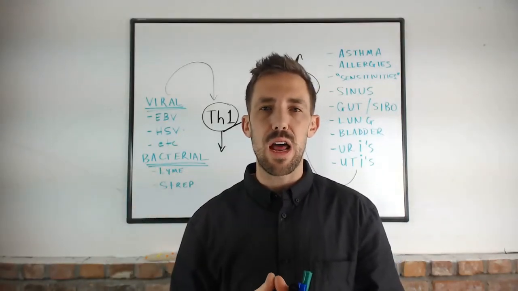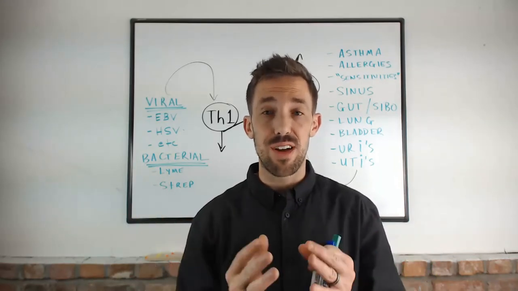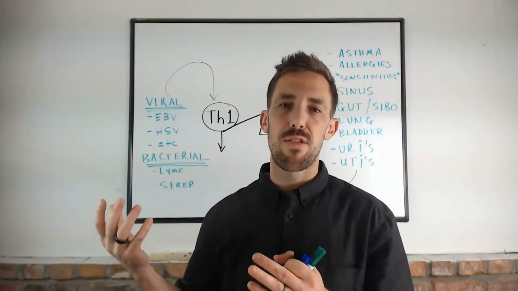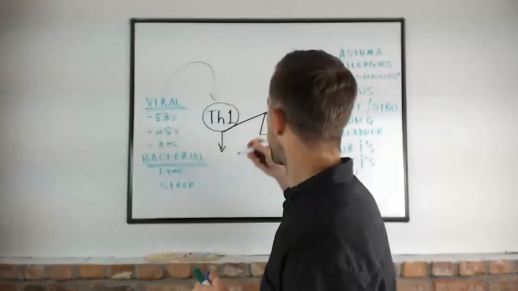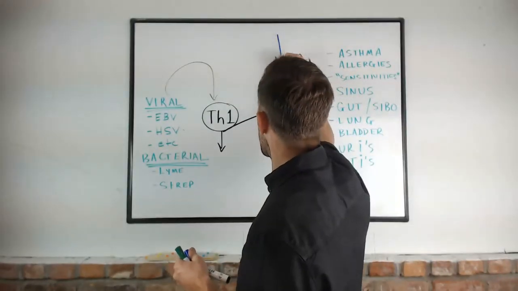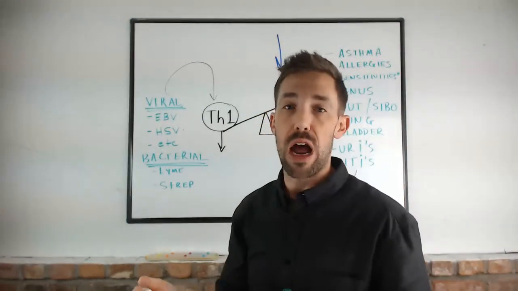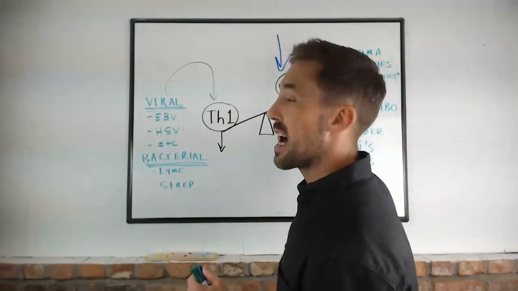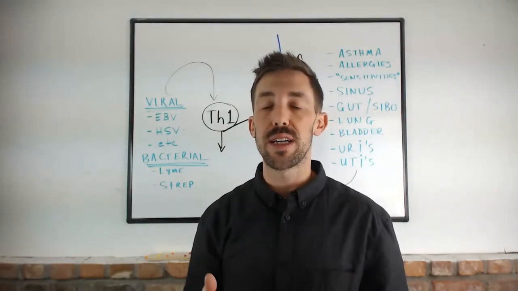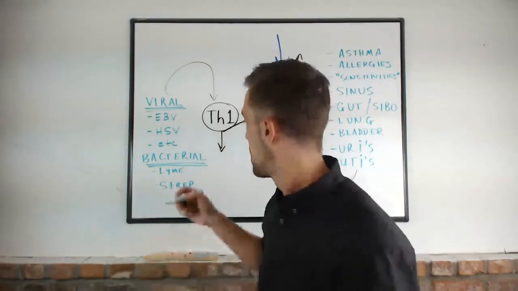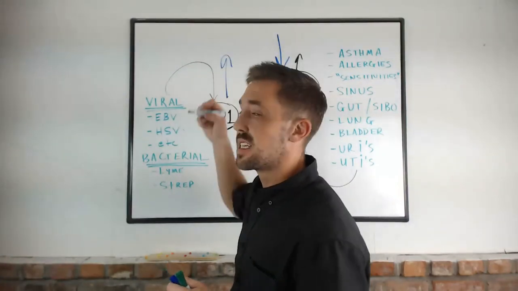So anyway, I don't want to get too deep into this. We have another video explaining it, but this is one of my favorite drawings to know that sometimes what we have to do is we have to lower this side. That's our number one priority. If somebody comes in with an asthma attack or with allergies, we have to lower that side. If somebody is chronically getting infections, sometimes we have to raise this side.